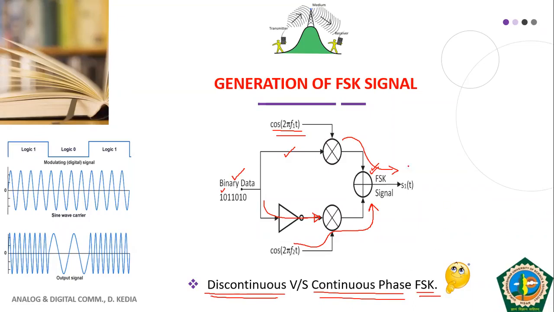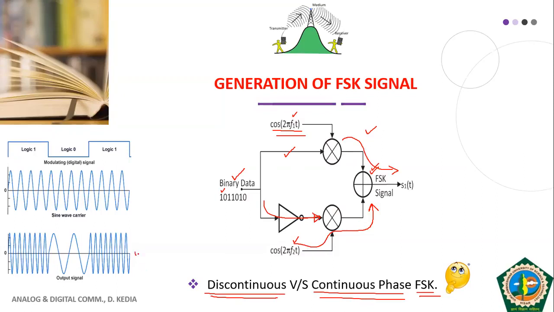See, in the diagram that I'm showing you in this slide for FSK signal generation, I have two frequencies, F1 and F2. Since these are two different frequencies, obviously the oscillators of these frequencies are different. And frequencies generated from two different sources cannot have their phase matched.